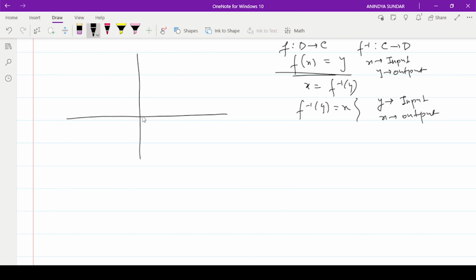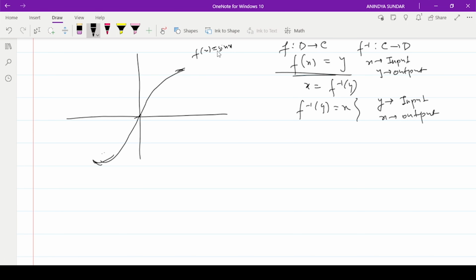So suppose now I know already that this is my f(x) equal to sine x, in which this function is invertible.